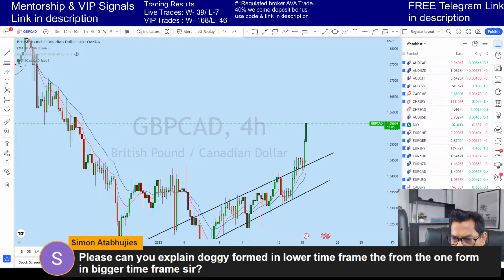Simon, I need a bit more clarification. Was the question: can you explain the doji formed in lower time frame from the bigger time frame? What do you mean by this? Both are doji, one is a lower time frame doji, the other is a higher time frame doji. So then what's the exact question? I'm still not sure, let me know again, please.